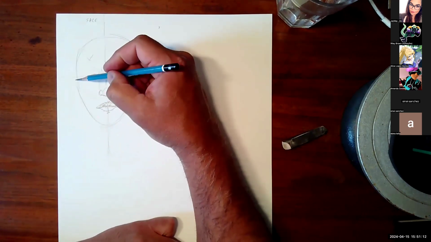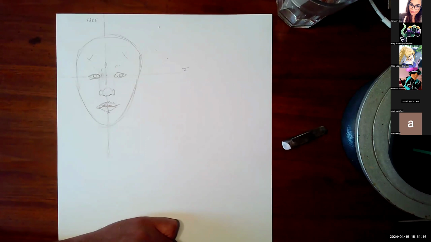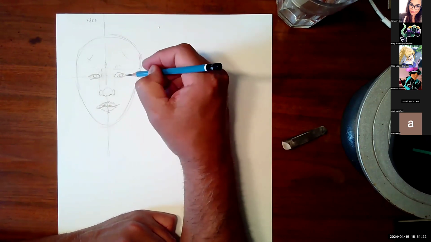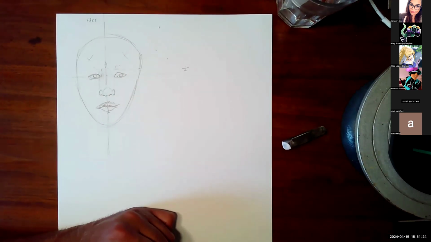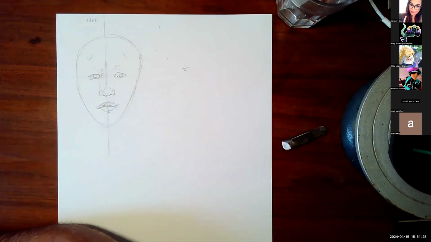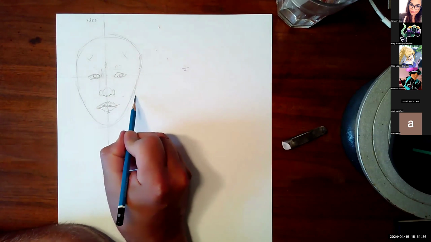And then at this point, if you go from the top of your ear over, that's where your eyebrow is, and from the bottom of your nose over, if you lay your pencil across your face, square up against the bottom of your nose and guide it around, you'll find that that's more or less the bottom of the ear.